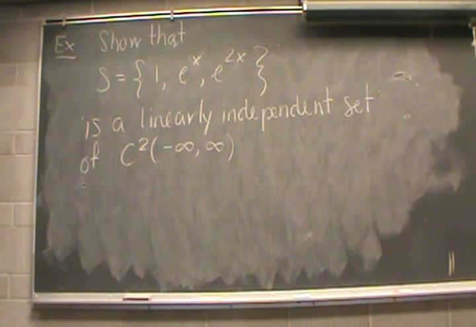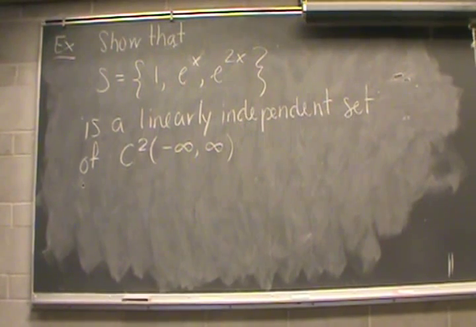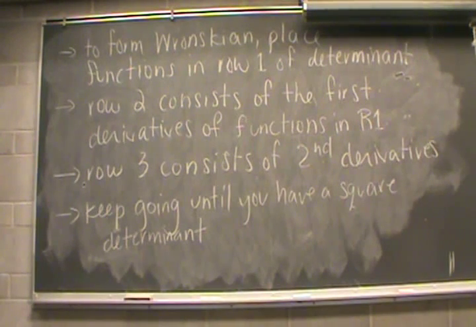What we're going to do is show that these three functions, 1, e to the x, and e to the 2x, form a linearly independent set of C2 minus infinity to positive infinity. So here are the guidelines to form that determinant called the Wronskian. We take the functions that are given to us in set S and place them in row 1 of our determinant.